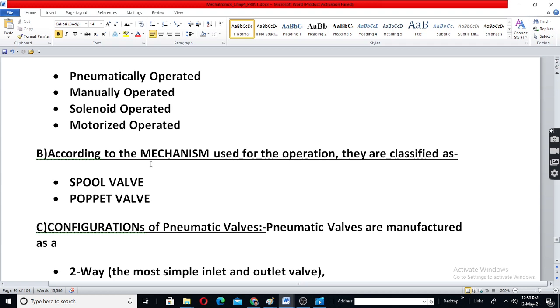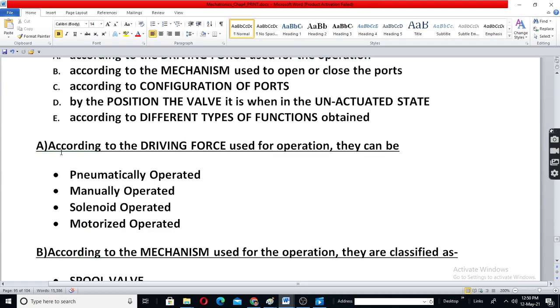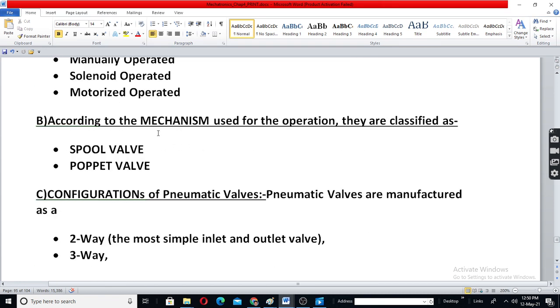So a valve can be operated either pneumatically or manually or electrically. This is according to the type of driving force used for operation. According to the mechanism used in the movement of the valve, we have what is called a spool valve and poppet valve.